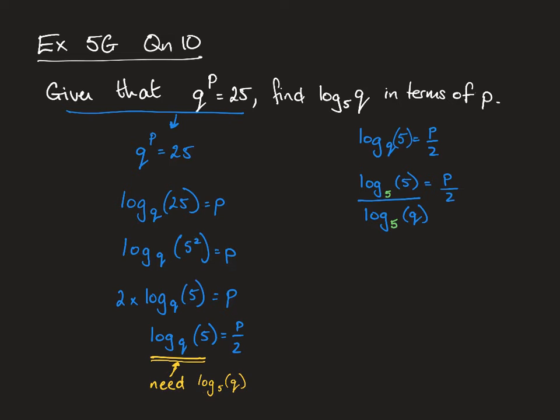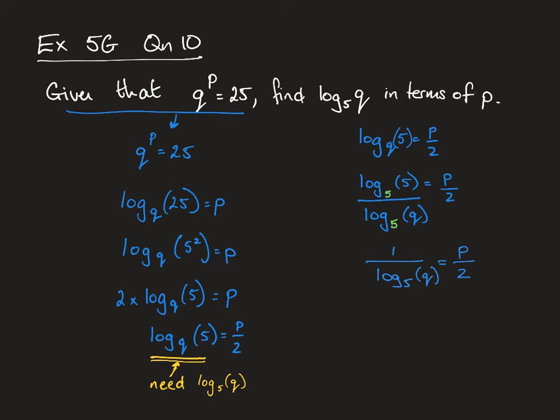And then we can simplify what we've got. So the top line of the fraction there, log to the base 5 of 5, gives us a 1. And the bottom line, log to the base 5 of q, is what we want, which is p over 2.